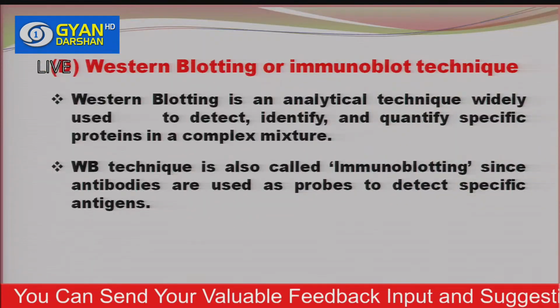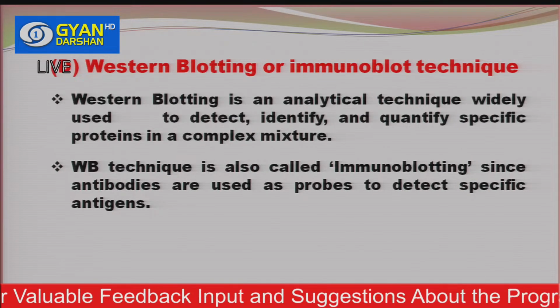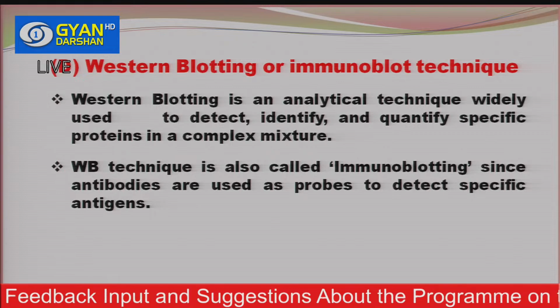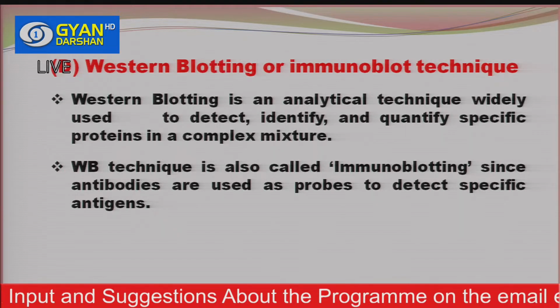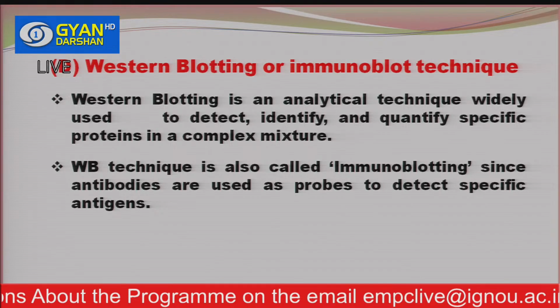And the fourth one is the Western blotting or immunoblotting. Western blotting is an analytical technique widely used to detect, identify or quantify a specific protein in a complex mixture.